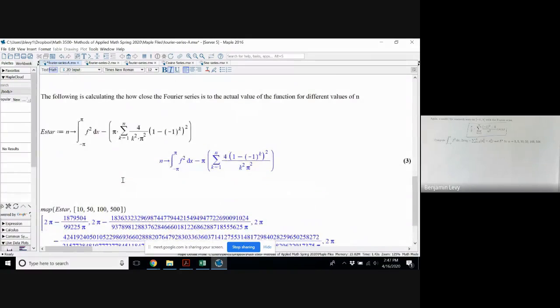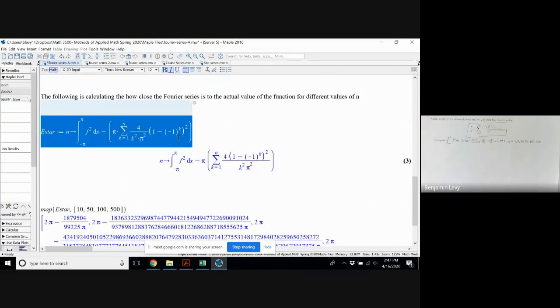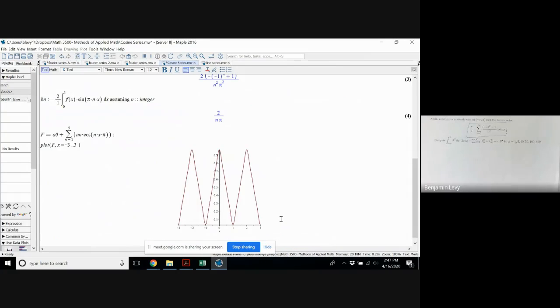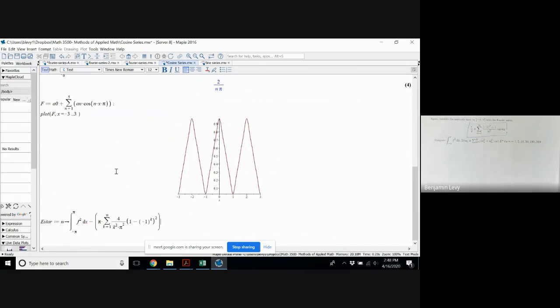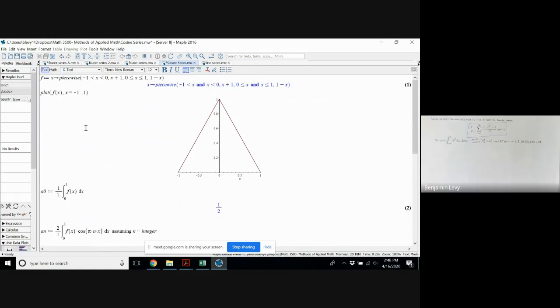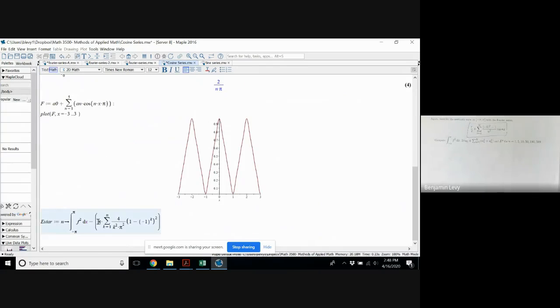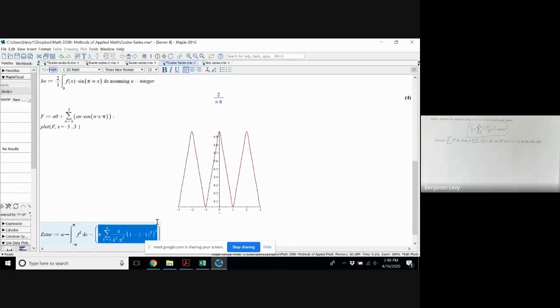And so we could redefine E star. So I can do that right here. Copy E star over. We're going to define F. Is F already defined? F is already defined, except this is the Fourier series from the last one, and instead we want to use the Fourier series from this one.